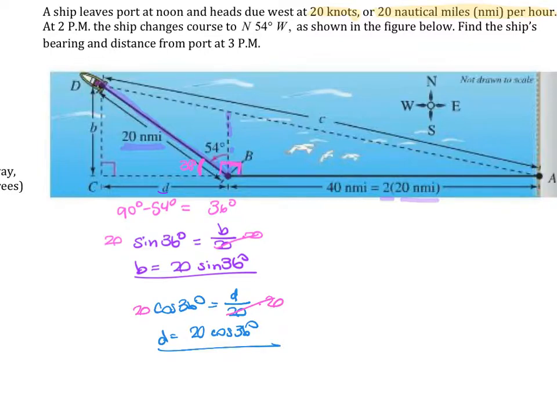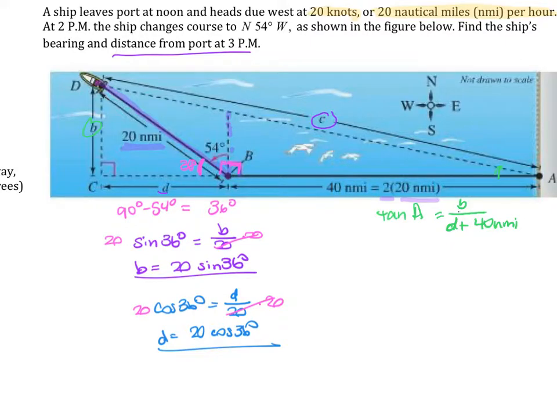So we're trying to find distance from port, which is c here. And so we need to go back and look at this angle here at A. So we know tangent of A equals opposite over adjacent. So opposite is our B over the adjacent, which is D plus 40 nautical miles. We do know what B is, and we also know what D is from our other equation.